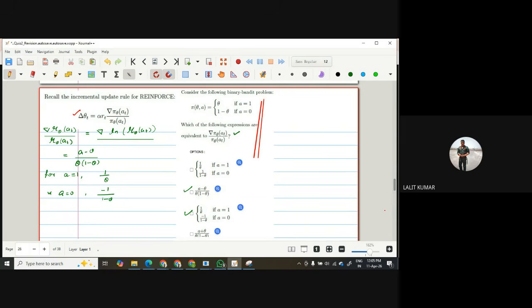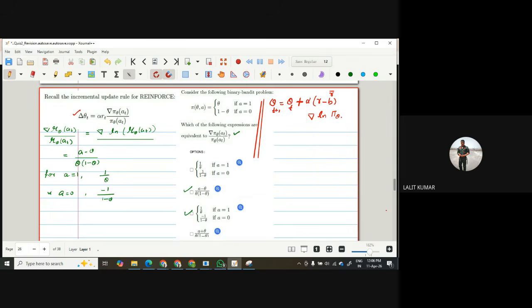If we are updating pi, then theta(t+1) is equal to theta t, and here it is very important that it is a gradient ascent, plus alpha into R minus baseline, which is generally R bar, into the gradient of the logarithm of pi theta. So this is the formula.